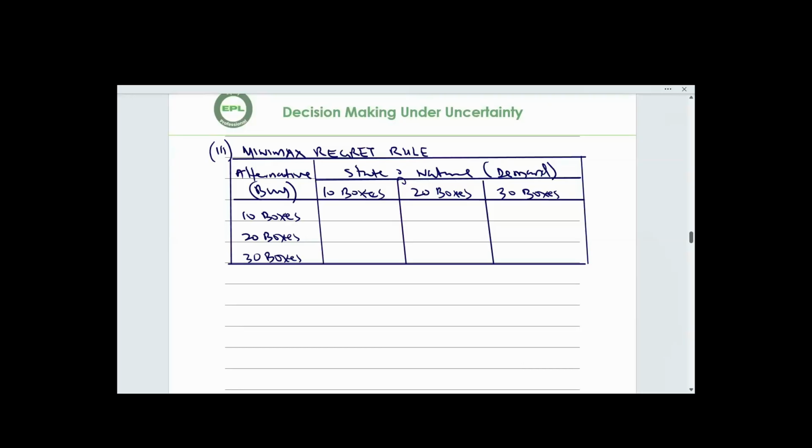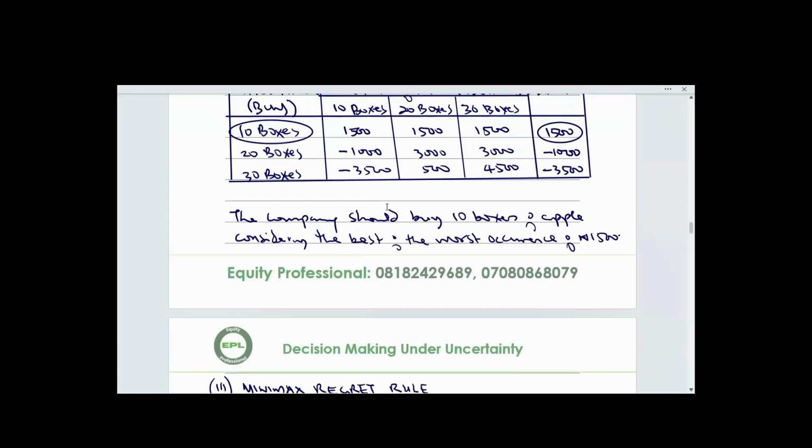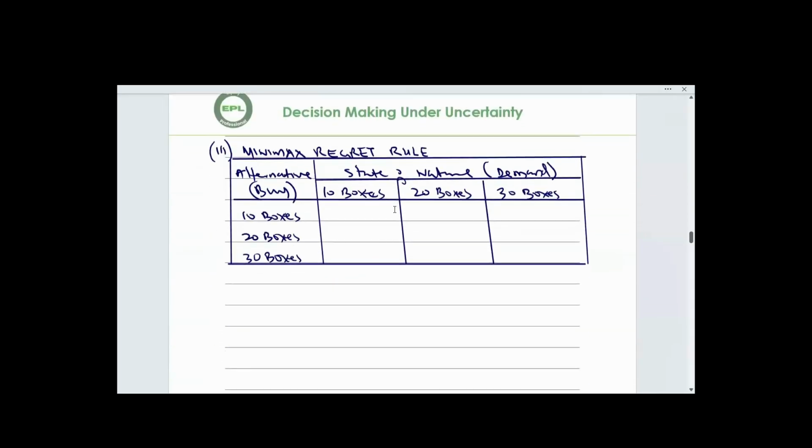The first step is to identify the highest value in each column. We then go back to the payoff table. In the first column, the highest value is 1,500. Therefore, 1,500 minus 1,500 will give us 0.